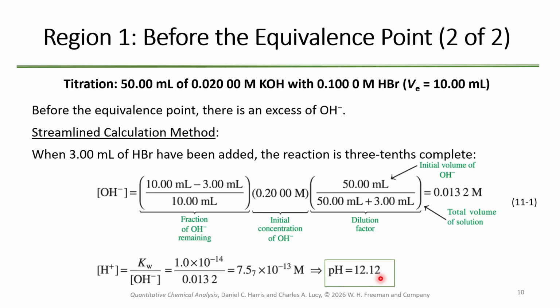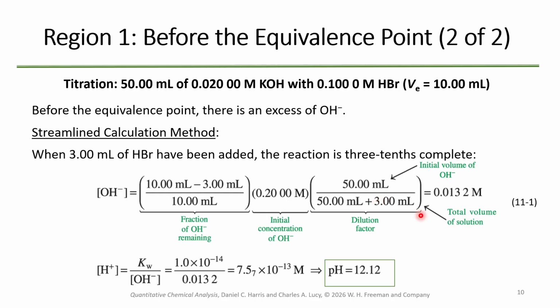There's a faster way to do it. We can sum it up in this equation here. So if you have that equation, you can do a streamlined calculation method. You'll notice that's the same equation I had shown you before with the dilution factors in it. So this is the fraction of OH minus remaining times the initial concentration of your OH minus times the dilution factor. Everybody say okay?